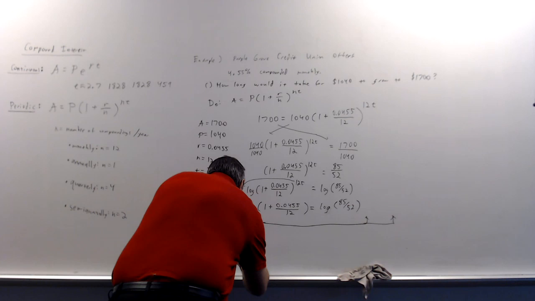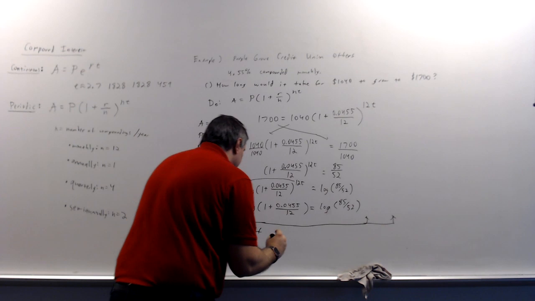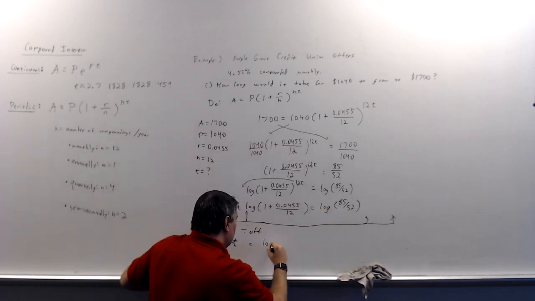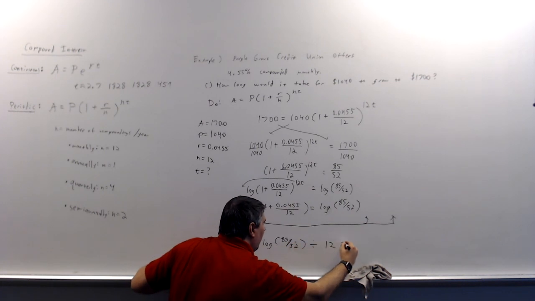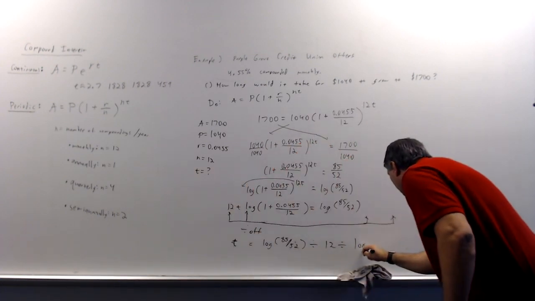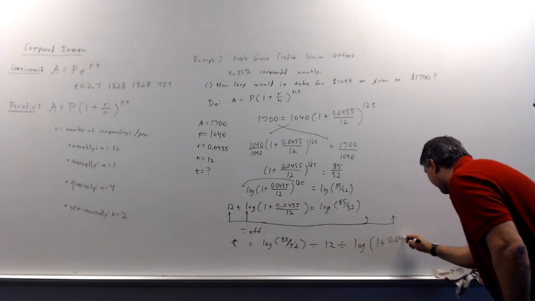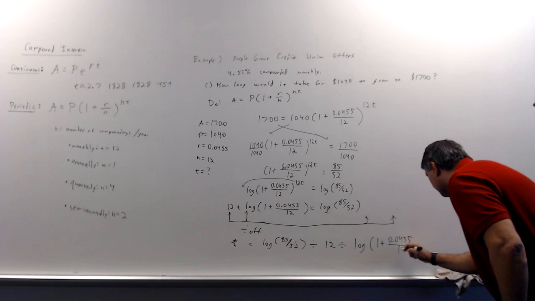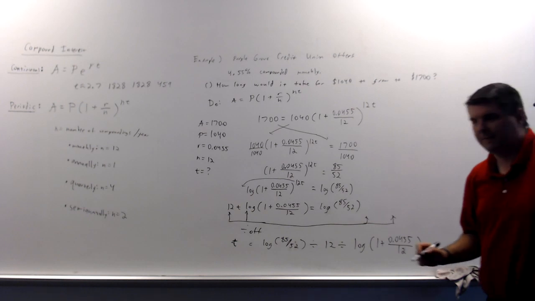So t equals log of 85/52 divided by 12 divided by log, common log, of 1 plus 0.0455 over 12. Make sure you balance the parenthesis. Okay.